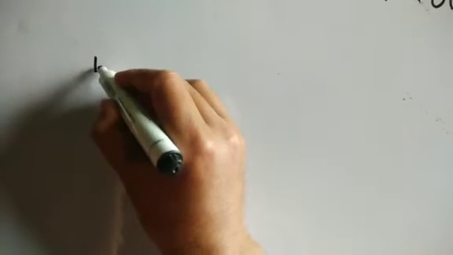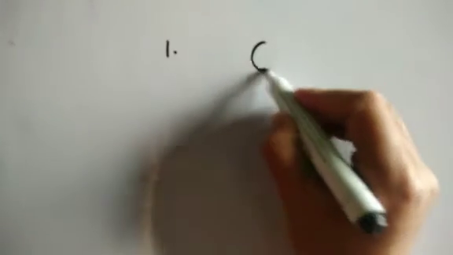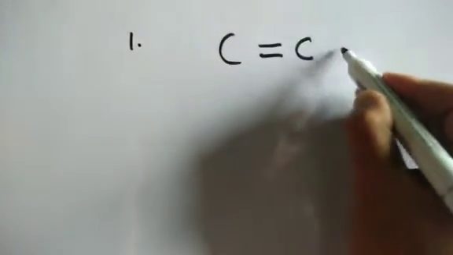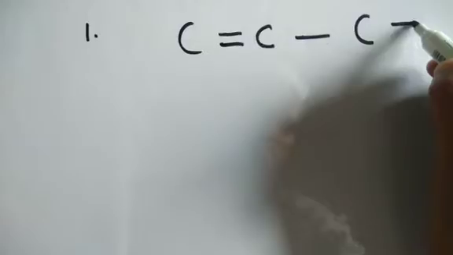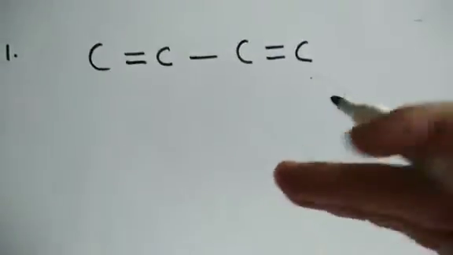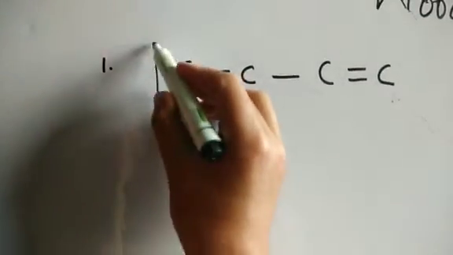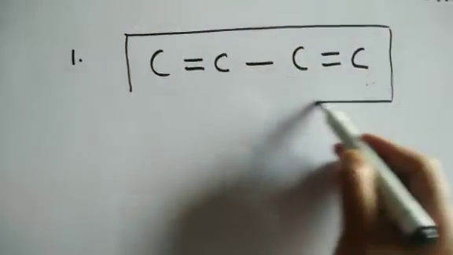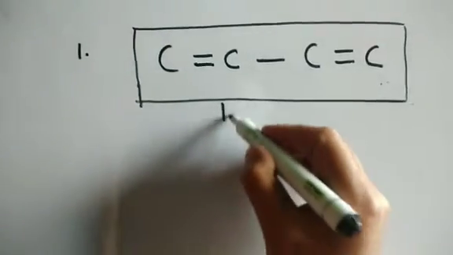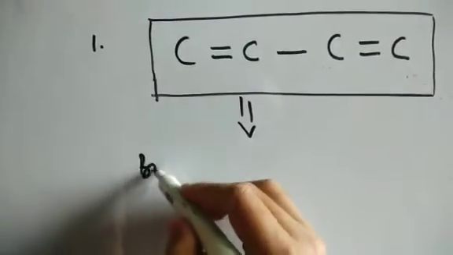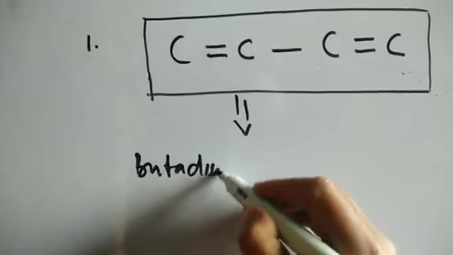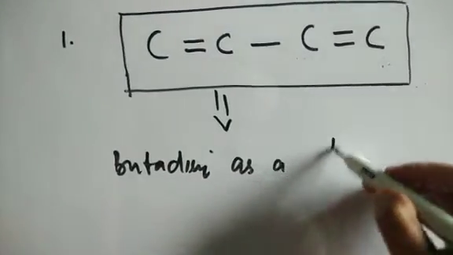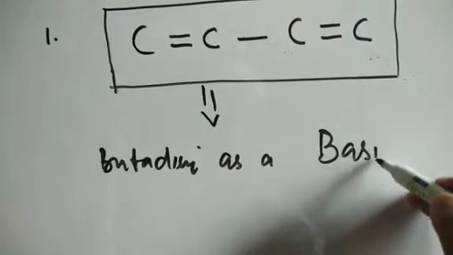What we do first is take the butadiene system, two bonds in conjugation, whether they are in homoannular form, heteroannular form, exocyclic or endocyclic, whatever the way they are, we make this a base unit, a basic unit. So step number 1: butadiene as a base unit.